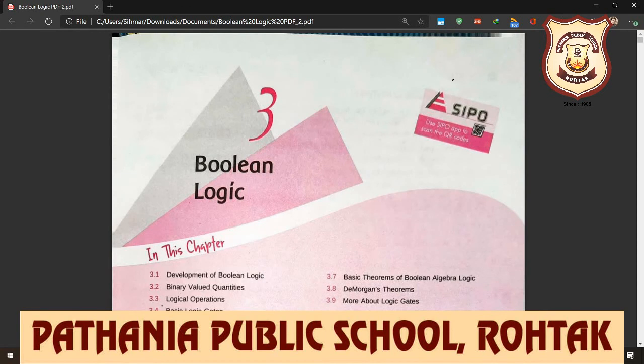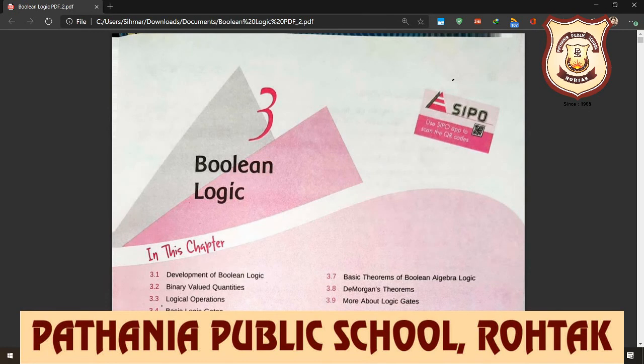In the last lectures, we learned chapter number 1 and 2, and chapter number 3 is going on. In previous lectures, we learned chapter number 3, Boolean logic.